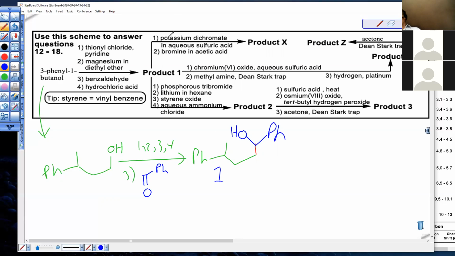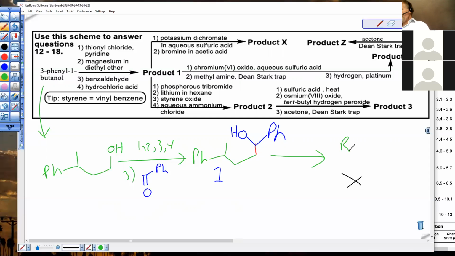Product 1, oxidation. How do you know this is oxidation? The step 1 up there is chromic acid in disguise. And then you're going to do alpha bromination. Stuff seems to appear over and over again. It's going to be X when we're done. So step 1, I'll draw what you get in step 1. Phenyl, CC, CCC.